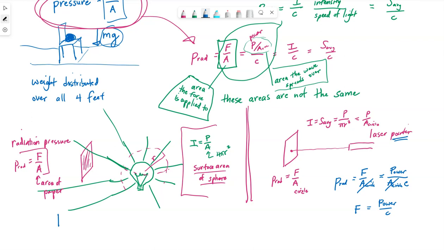Whereas if we go back to the light bulb example, force per area of the paper would be our radiation pressure. This would have to be the power of the light bulb divided by 4 pi r squared.